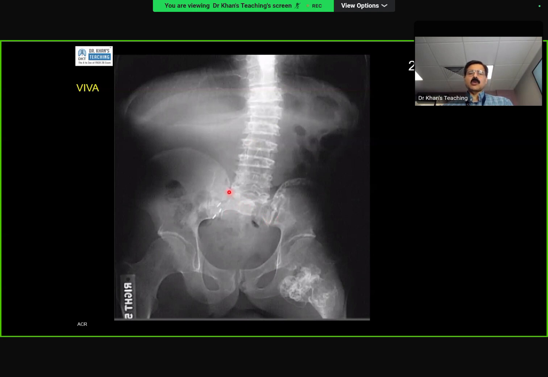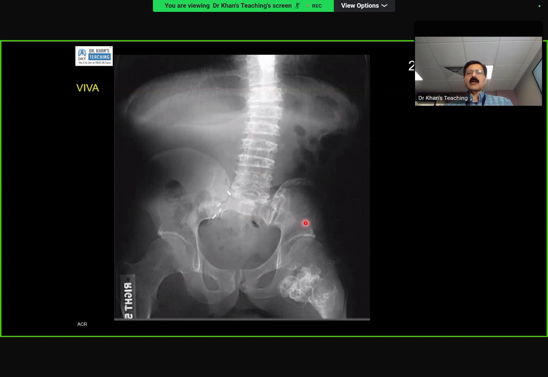So the surgical clips tell you there must be some lymph nodes which they have removed. The tumor was on this side. This is the radiation portal. After surgery, they also gave radiation because there were lymph nodes.